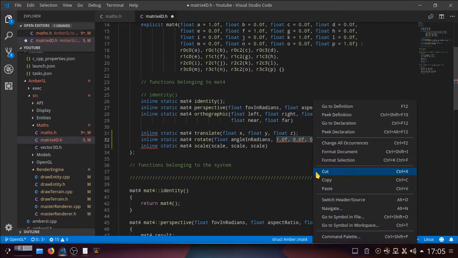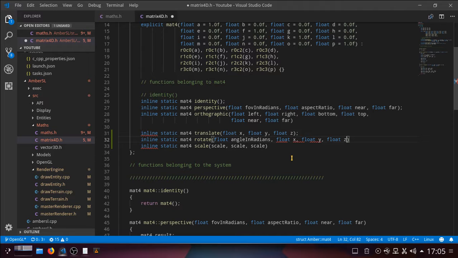Float x, float y, float z, semicolon. Done. But that's important, as we said, FOV in radians, angle in radians, and that's why I needed that 2 radians converter, because in other places within our programming I didn't specify. So if I haven't specified, it means it's in degrees, because it's user friendly. Well, that's good for them, but not good for our calculations.